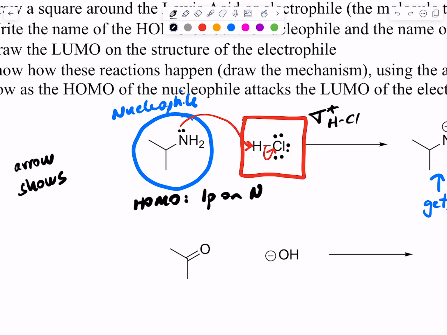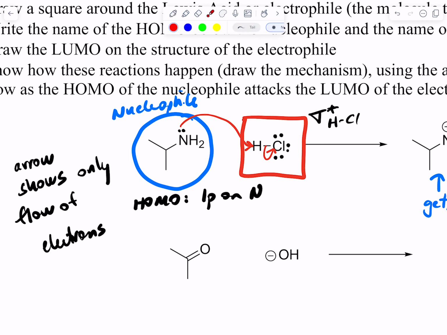I can't emphasize that point enough. This is something that people get mixed up all the time because they expect arrows to tell you where the atoms are going. Not so. Arrows only show the flow of electrons. You have to interpret the arrows correctly.